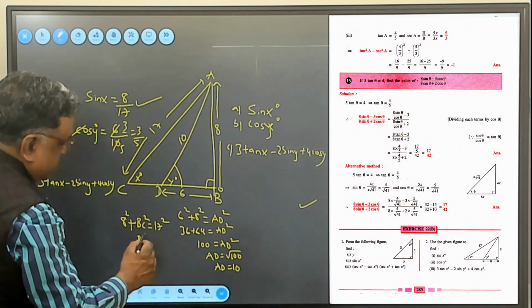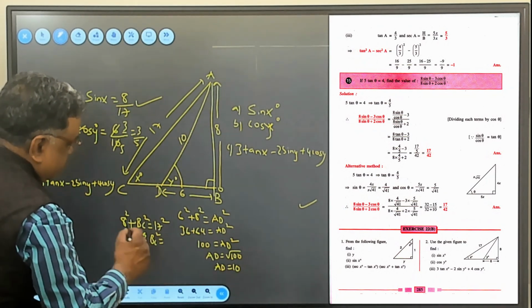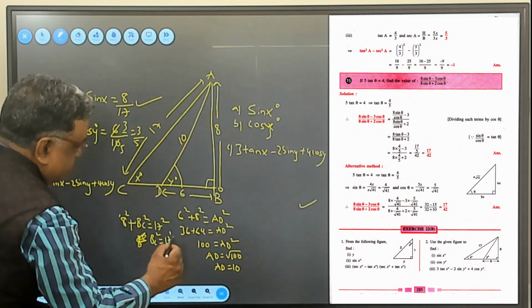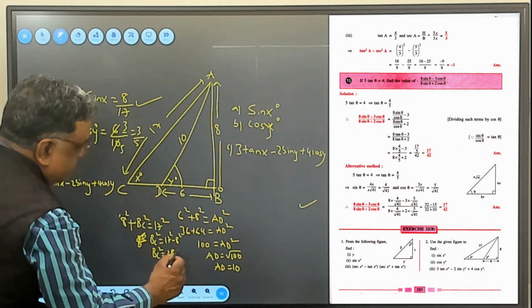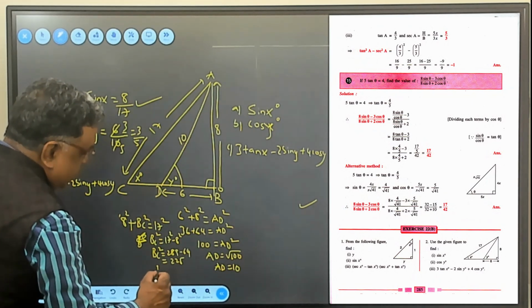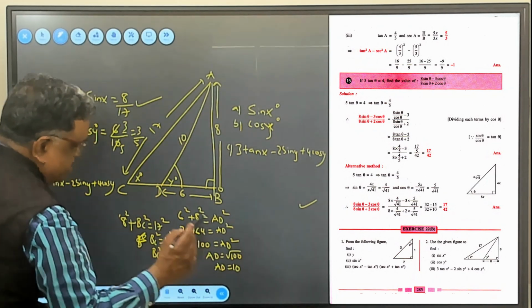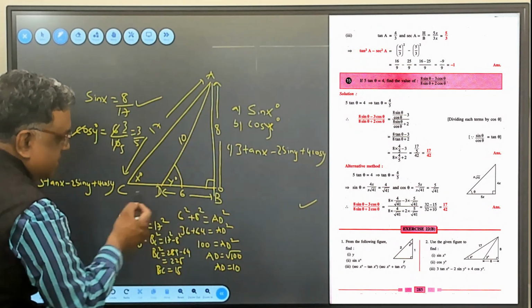So BC square will become, 8 square I will take on that side, 289 minus 64, which is 225. So BC will become square root of 225, which is 15. So this entire thing became 15. This is 6.